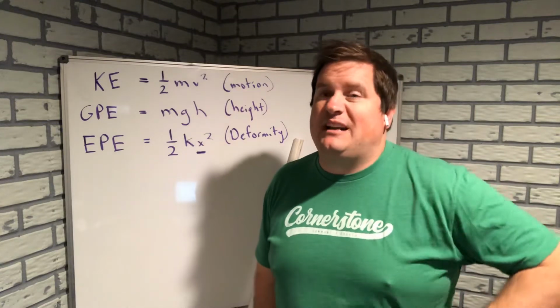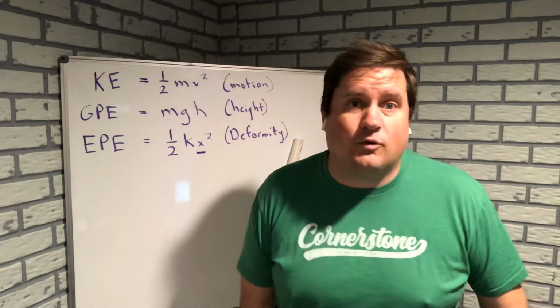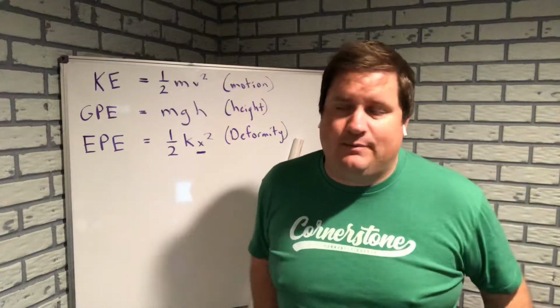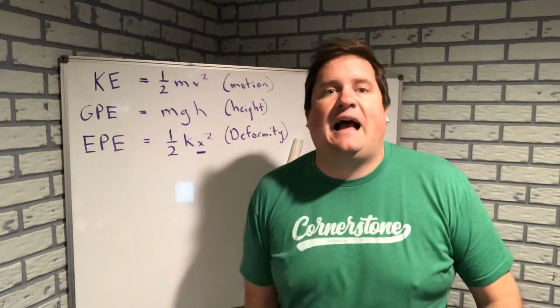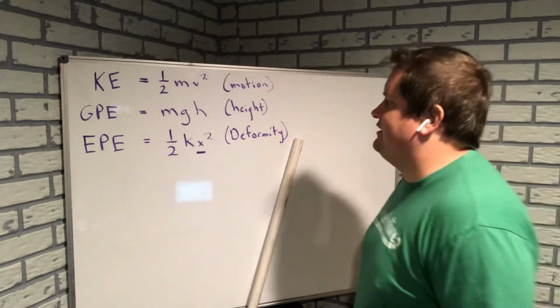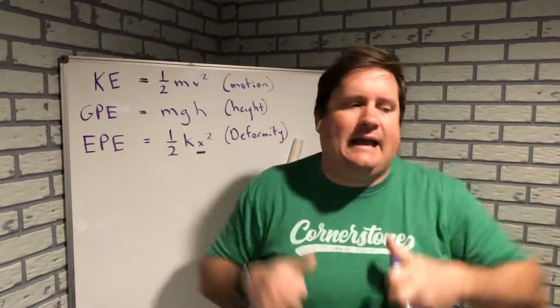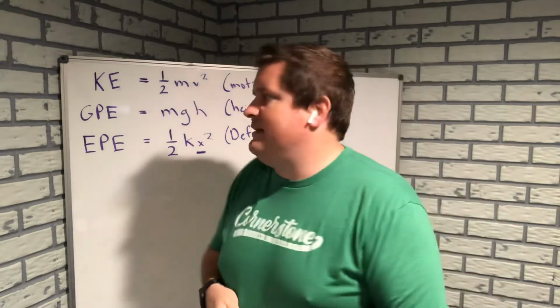If you're looking at something that's really hard to stretch, like a diving board or one of your garage door springs, or even a big piece of metal has a little bit of flex or bend to it, but it's really hard to stretch or bend, then that tends to have a high K value. So your spring constant just tells you about the stiffness. If it's really stiff, it's going to have a high K. If it's not very stiff, it's going to have a low K value.